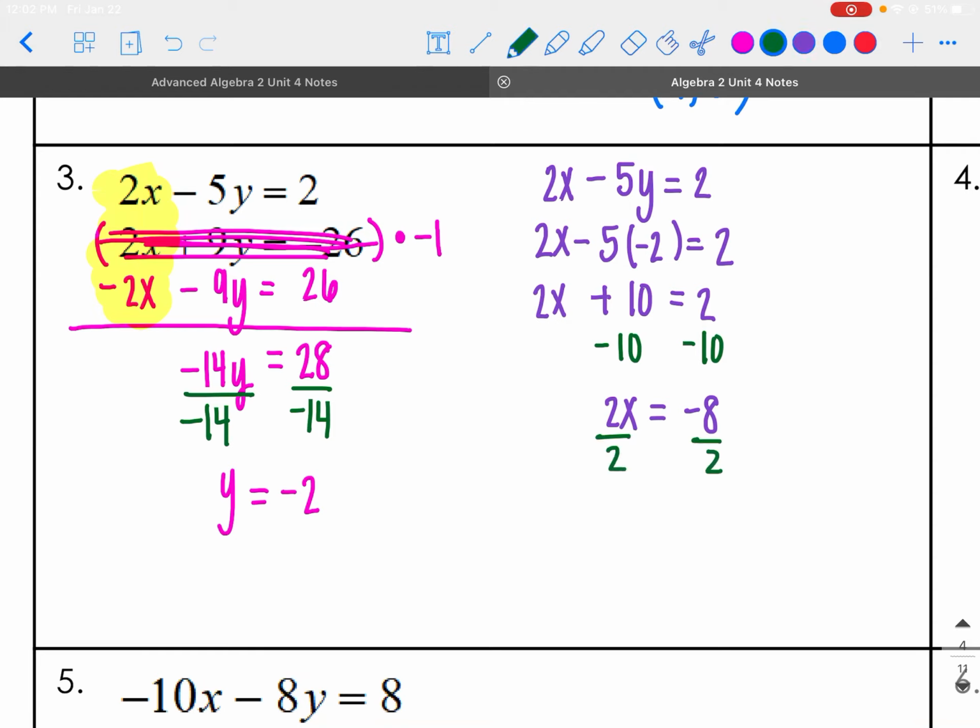And then dividing by 2 gives me x equals -4. My solution is the point -4, -2. When you're writing a point, you always put the x first and then the y.